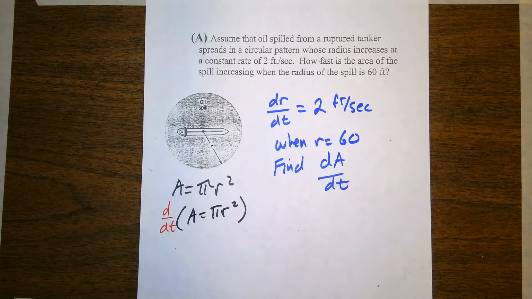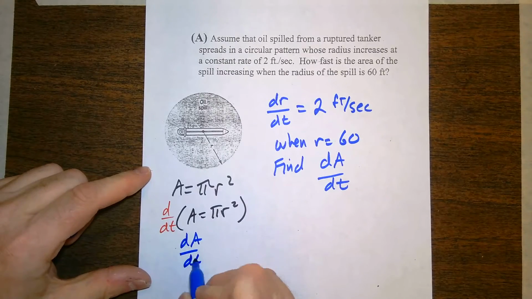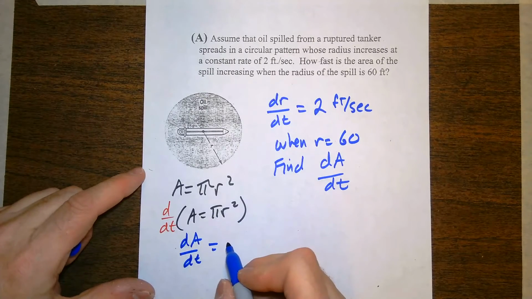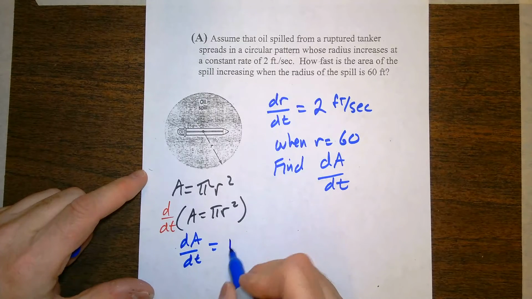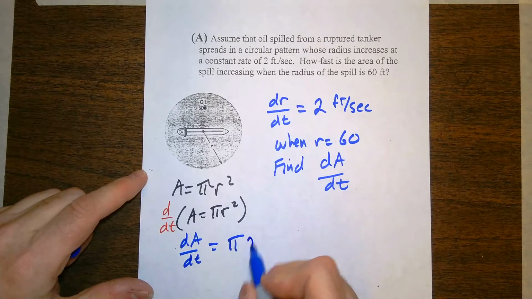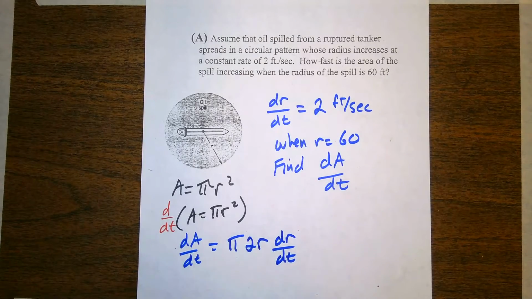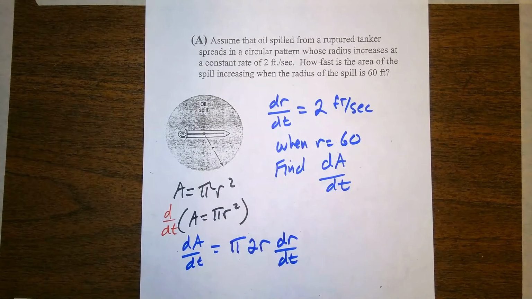The derivative with respect to time of the area is dA/dt equals, pi is a constant, remember, I could pull that pi out here, pi times, and then the derivative of r squared is going to be 2r dr/dt. Implicit differentiation: the derivative of the area with respect to time, dA/dt. Pi, constant, pull it out. The derivative of the radius squared with respect to time is 2r dr/dt.